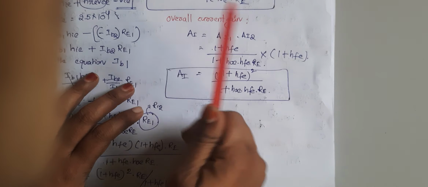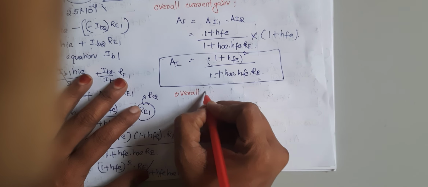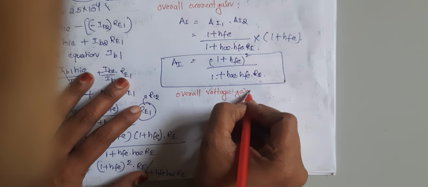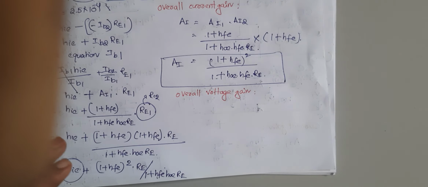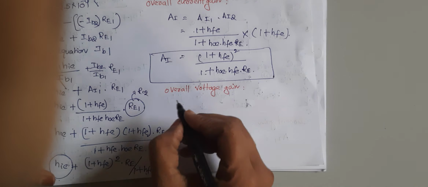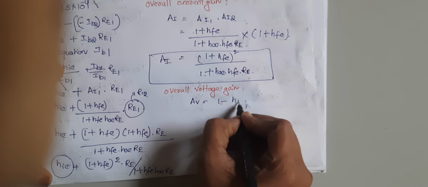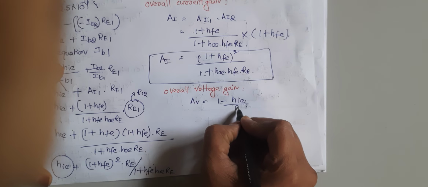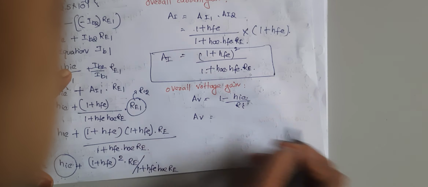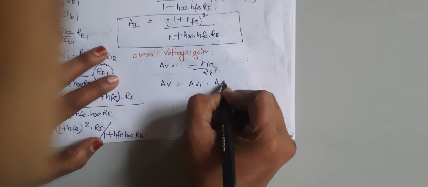Next, overall voltage gain. Generally for analysis, the final AV is equal to 1 minus HIE by RI. Okay, so overall voltage gain means AV is equal to AV1 into AV2.